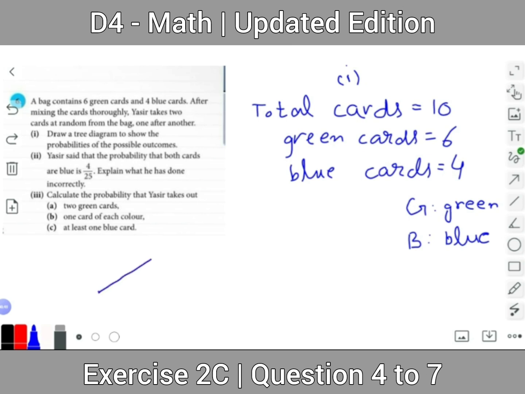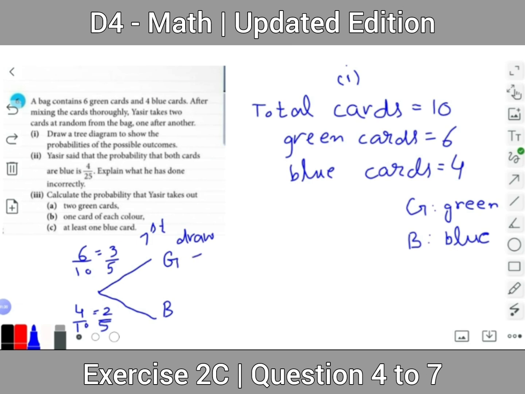For the first 2 branches, we have green and blue for the first draw. Now we will write down the probabilities on the respective branches. For green cards, we have 6, total number of cards is 10, so it will be equal to 3 over 5. For blue cards, we have 4 over 10, and it will be equal to 2 over 5.